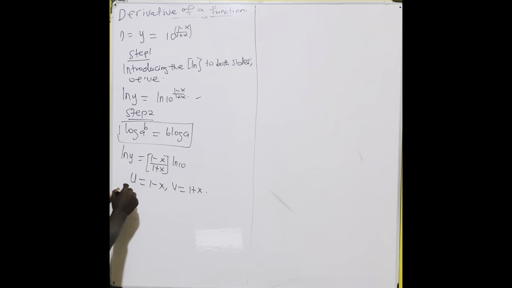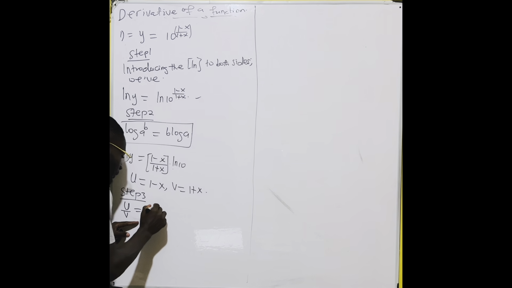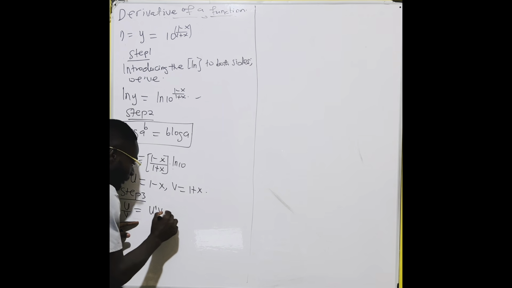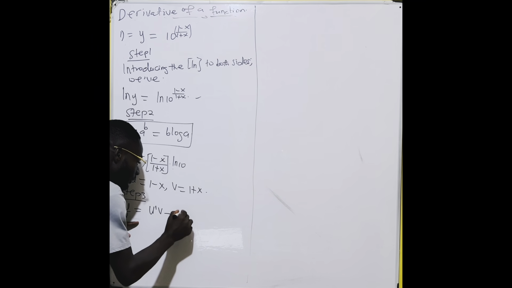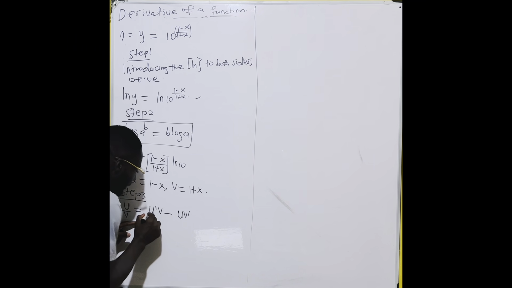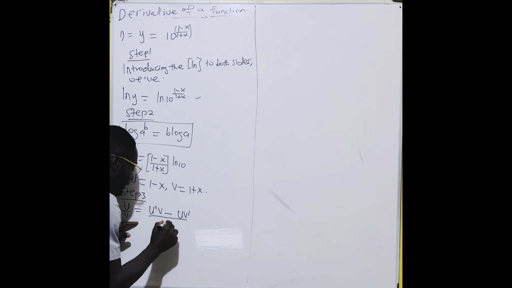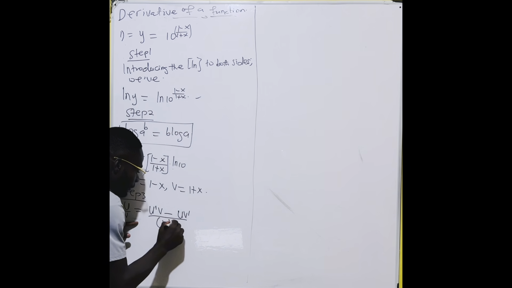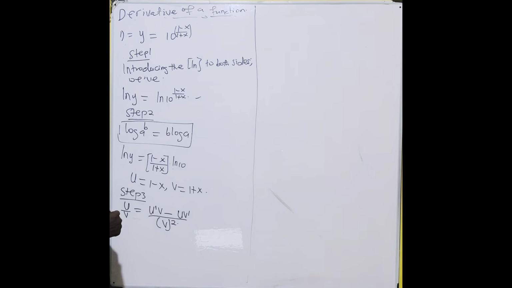So, step 3, know the formula for the quotient rule. We have (u divided by v) prime equals (u prime v minus u v prime) divided by v all squared, right? So this is the rule for the quotient.